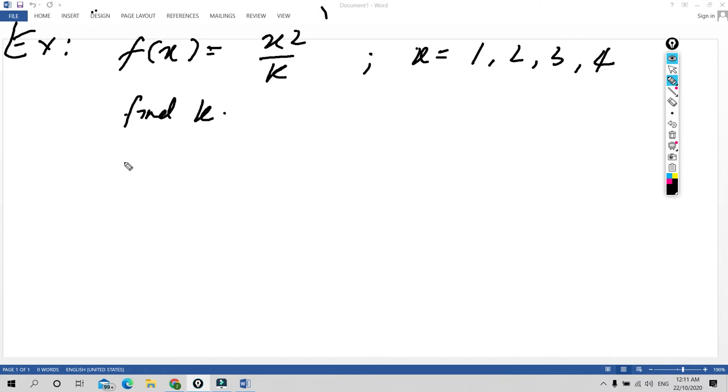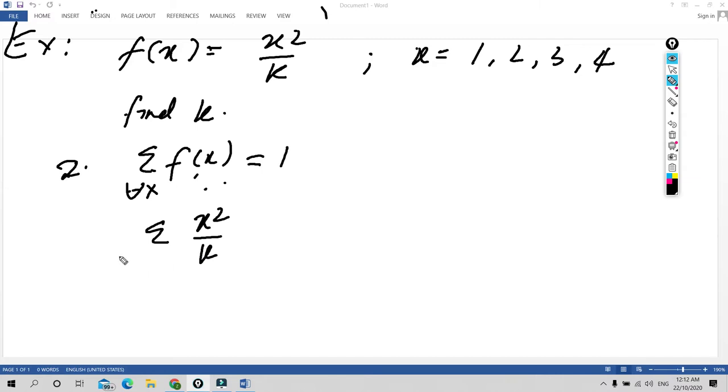By looking at the properties, the second property says that the summation of f(x) for all x must equal 1. So to find k here, you can use this formula. We have to find the summation of x squared over k, where x is from 1, 2, 3, and 4, and this is equal to 1.